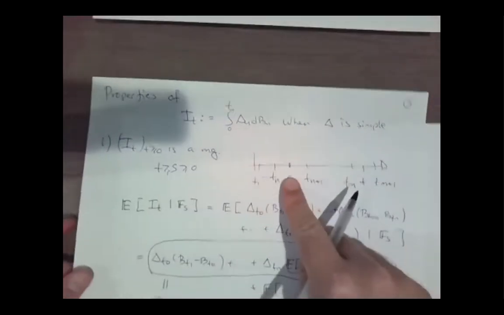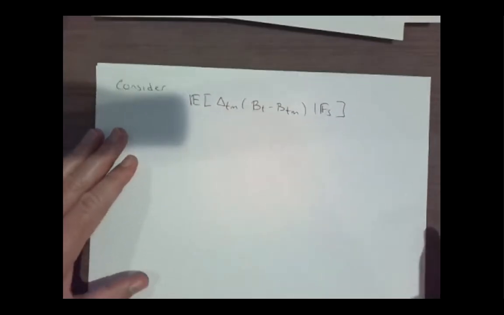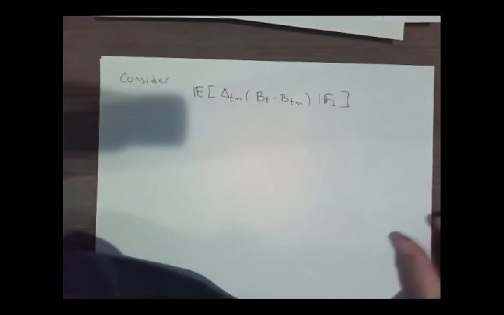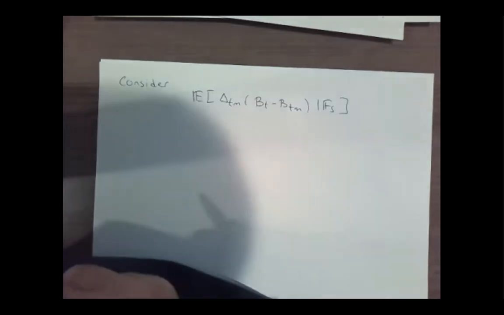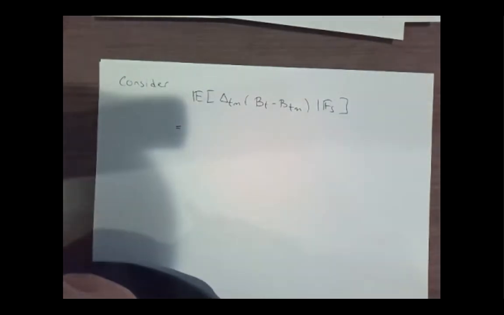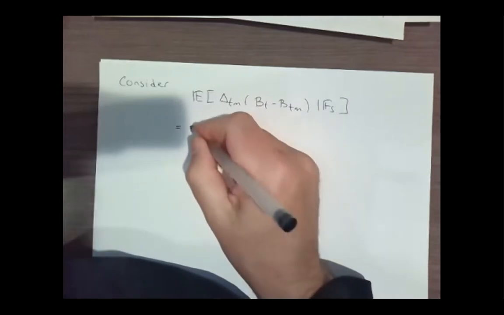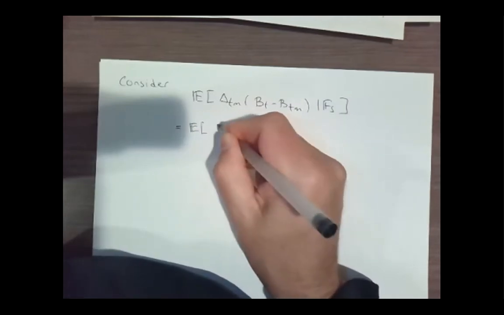Right, so remember, S here sits far away to the left. Right, so S is much less than Tm. How would we argue that this is equal to 0? Well, we could argue by using iterated expectations.